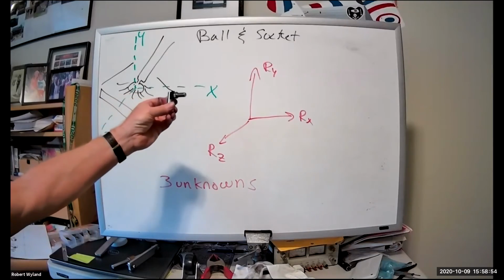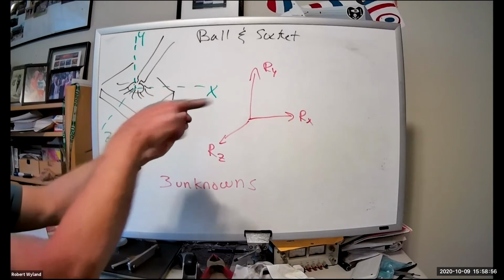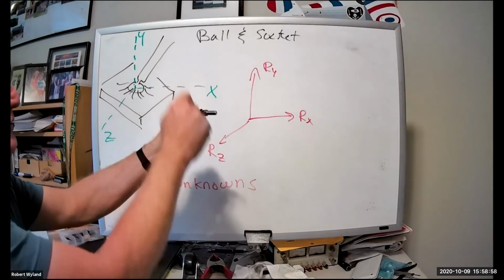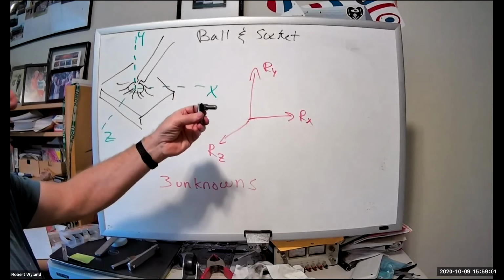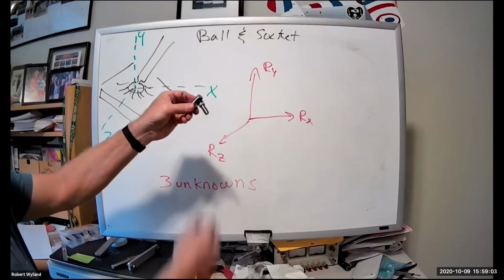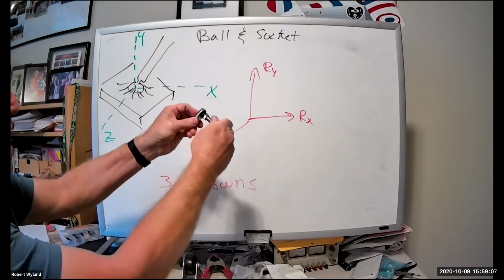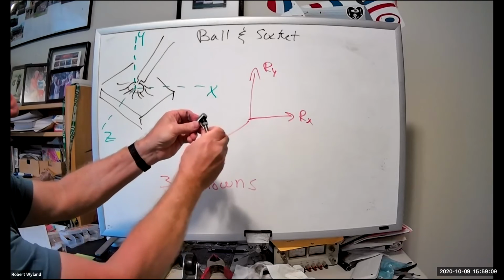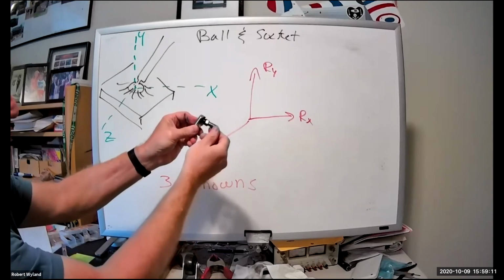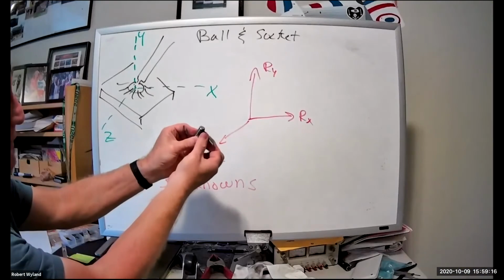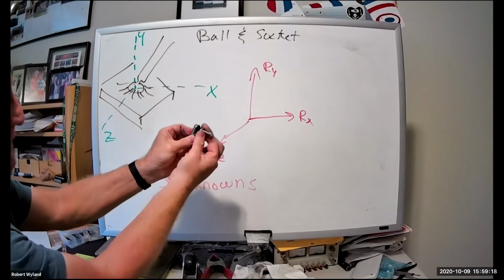So it wouldn't matter really, if I choose X this way and Y this way and Z this way, or even if I chose to put it at an angle, I'm still going to be able to rotate in all 3 dimensions. I can rotate any way I like. In fact, you can see I'm prescribing a circle. At some point, I'm creating a moment in all 3 axes by doing this.